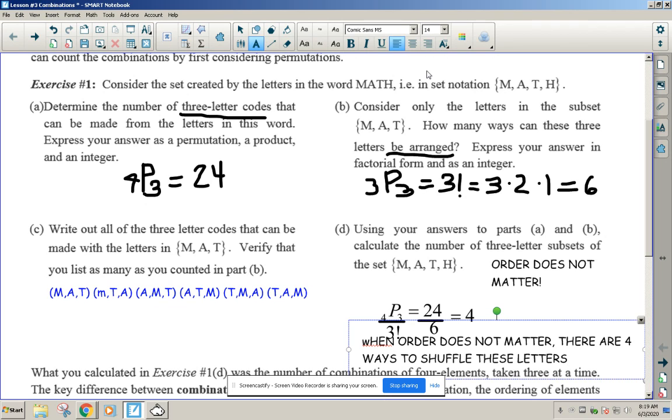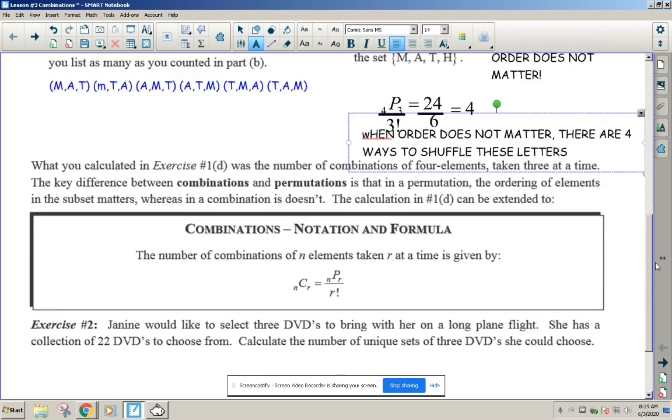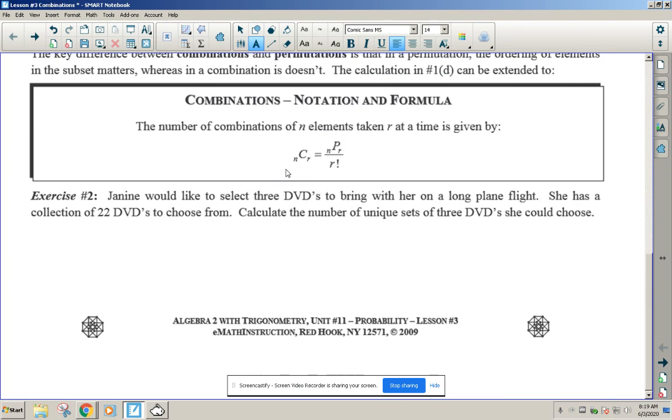And that's pretty important. That's pretty significant. And again, we call this a combination.